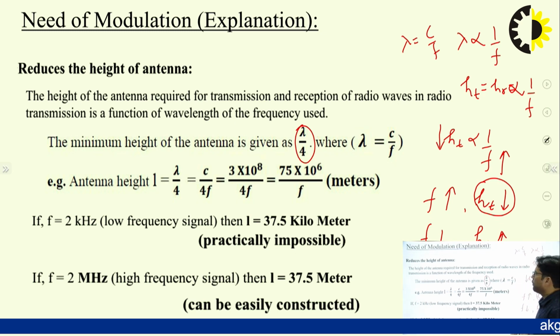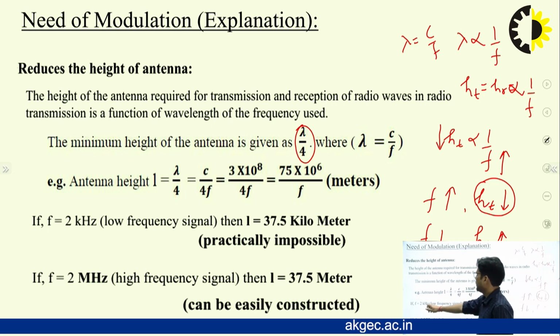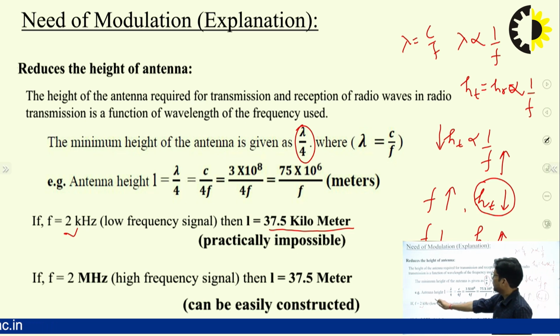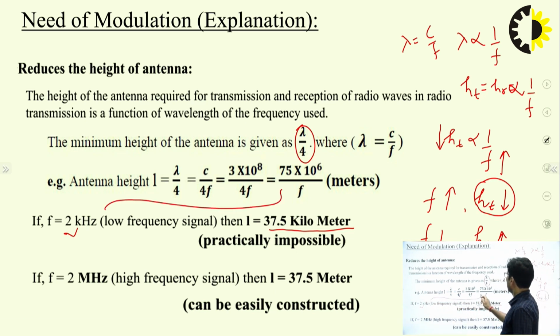If we transmit our message signal at 2 kilohertz, that is a low frequency signal, then corresponding to this frequency, the height of the antenna would become 37.5 kilometer, by putting this frequency in the equation.